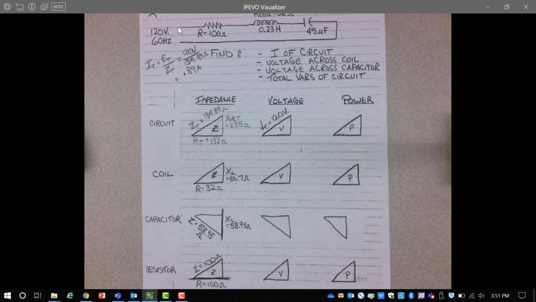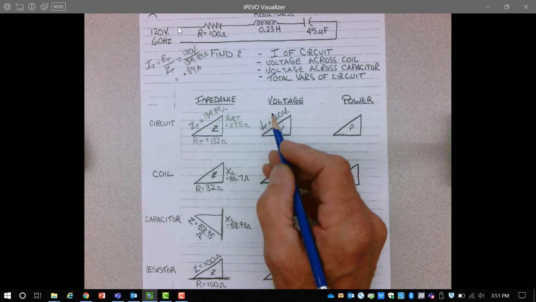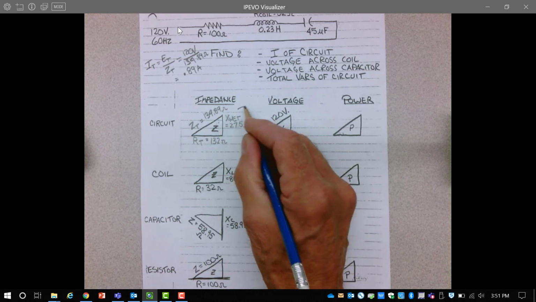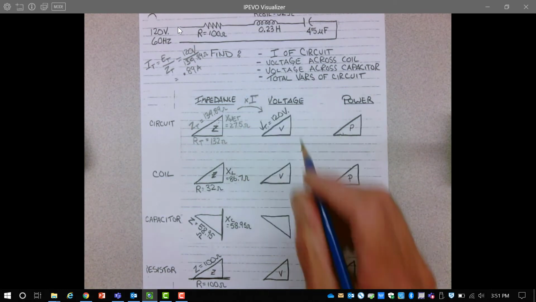Okay, so we know the current of the circuit, and now it's very easy to go from one triangle to the next to find other values in our circuit. Again, to go from my impedance triangle to my voltage triangle, all I need to do is multiply by the current.